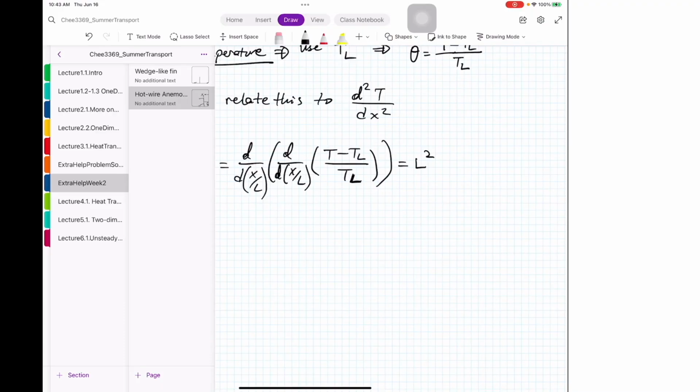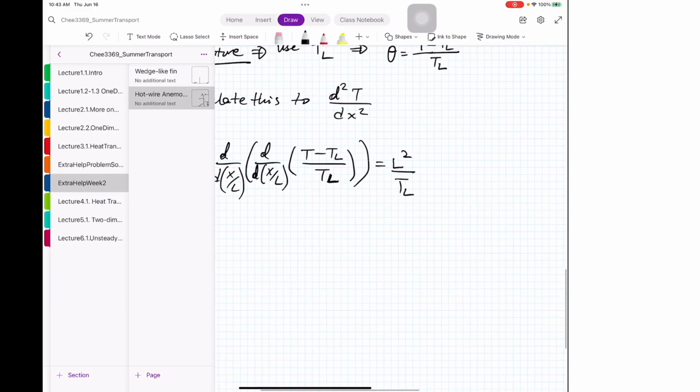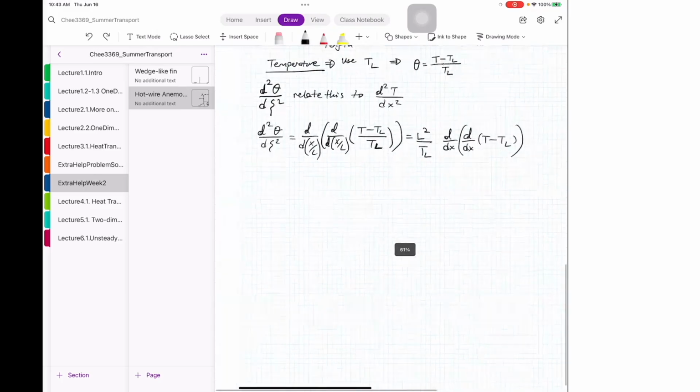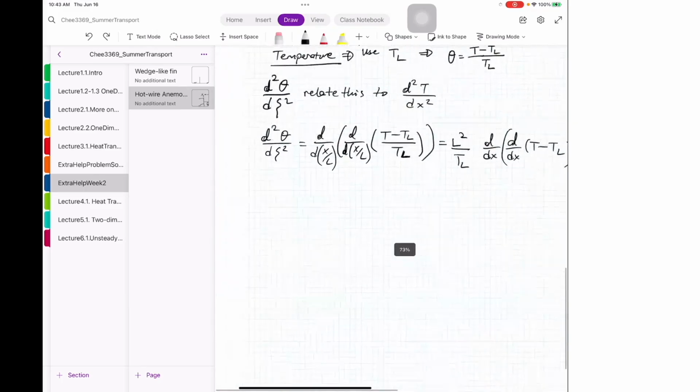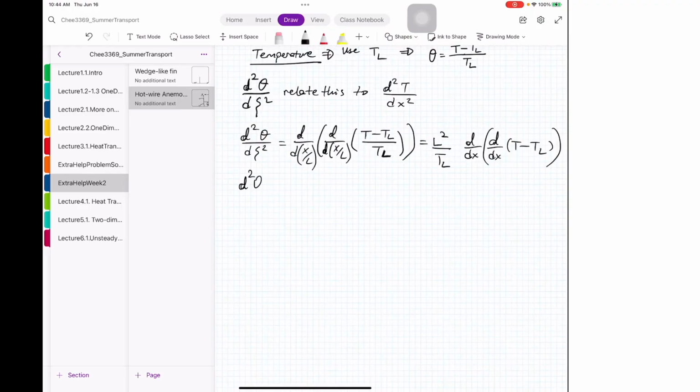And this TL can come out of this derivative because it's a constant. So L squared over TL, d over dx, d over dx, T minus TL, but since the derivative of a constant is 0, you can just get rid of that, and you get L squared over TL, d squared T over dx squared.